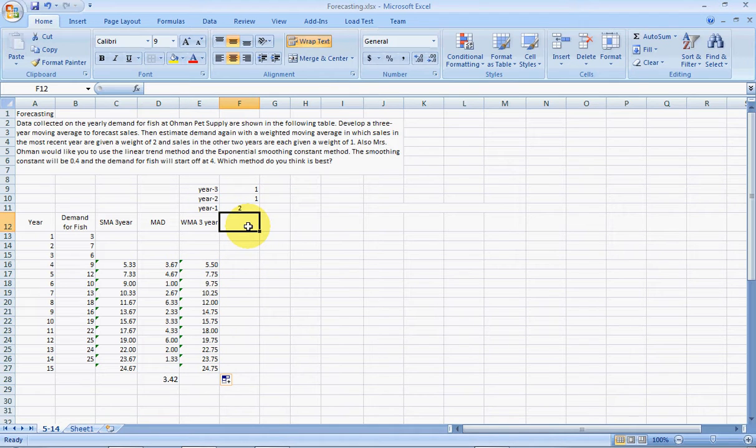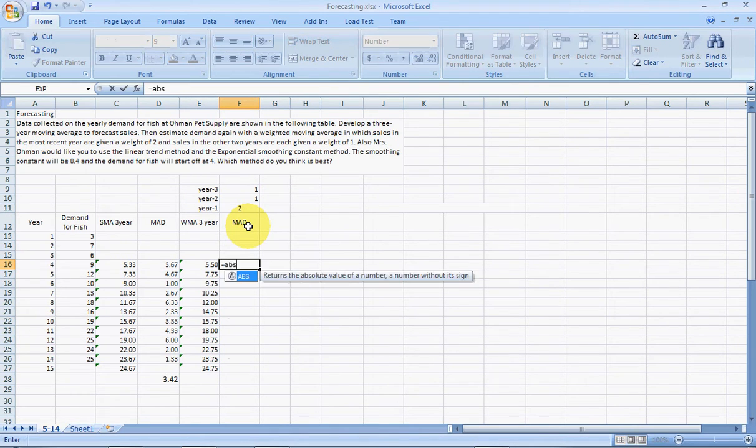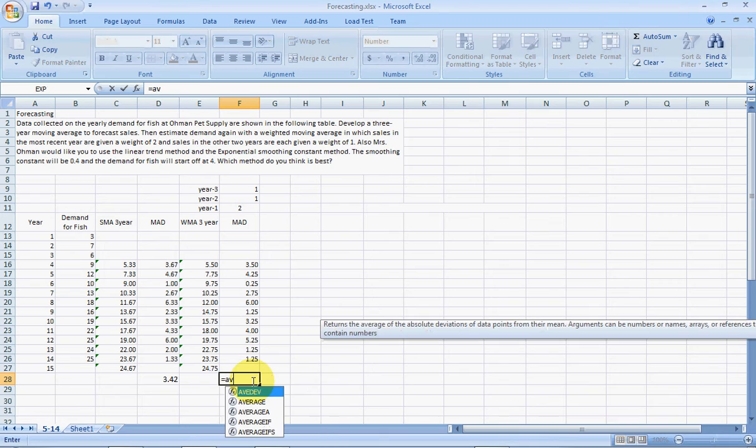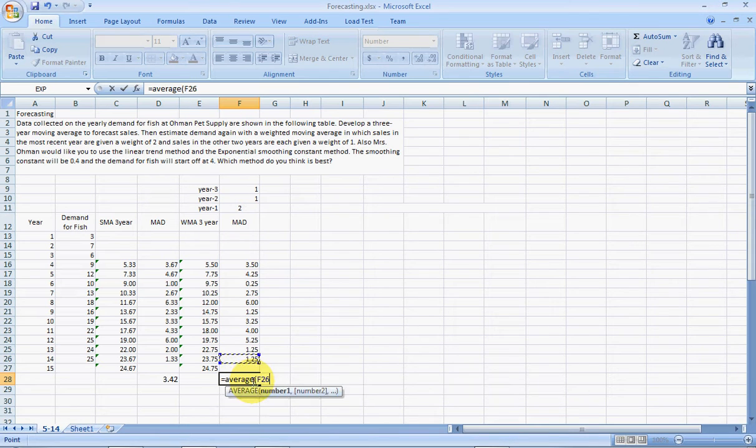And then let's also do the MAD for this. And it's going to be the same thing as last time, and it's always going to be at the actual demand. So just drag this down to 1 less, do the average, and we see that it's 3.